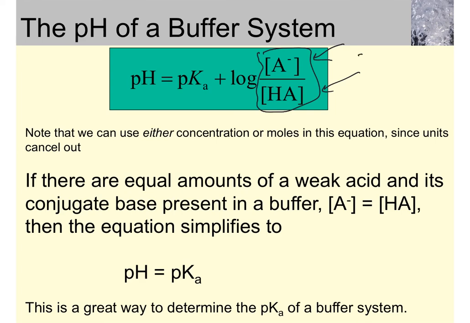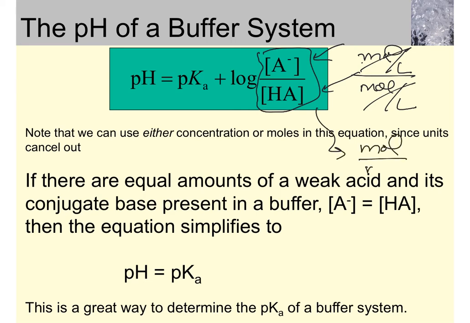So if we have units of concentration for each of them, we're going to get the same value as we did if we simply had moles of each of them. Okay, now you can't use grams, right, because the different quantities, you're comparing apples to oranges. But anyway, you can use the Henderson-Hasselbalch with either concentration or moles.